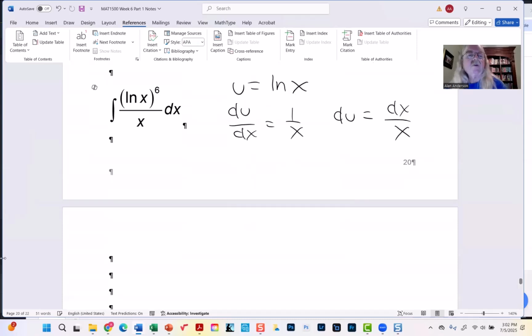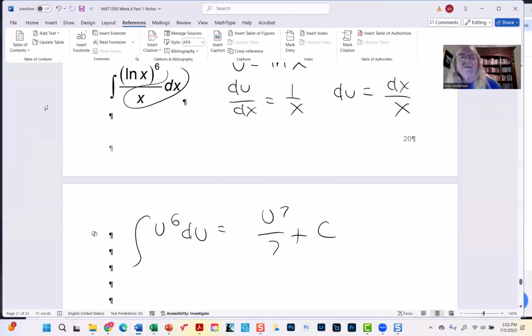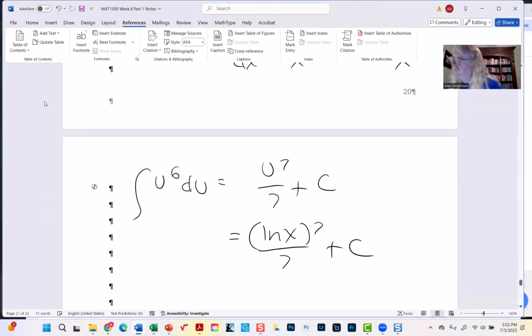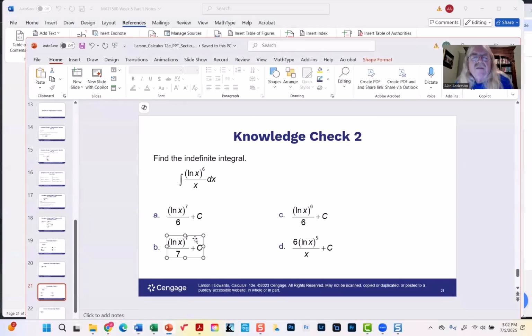So that being the case, what we actually have here is u to the sixth. These two are the du. And so that leads us to (log x) to the 7 over 7 plus c. All right, great. That would be B.